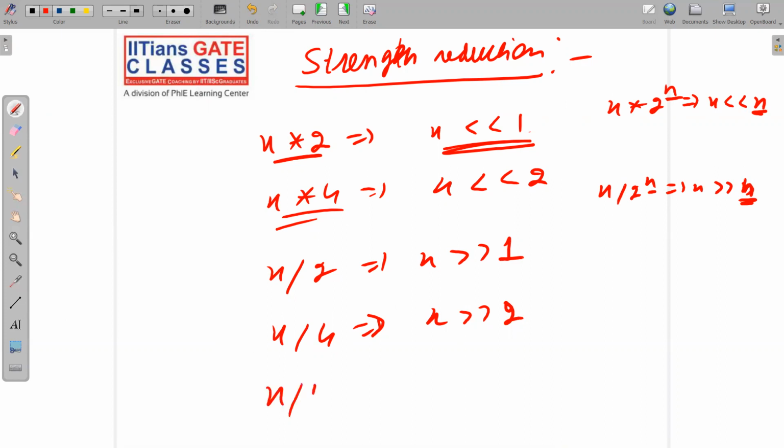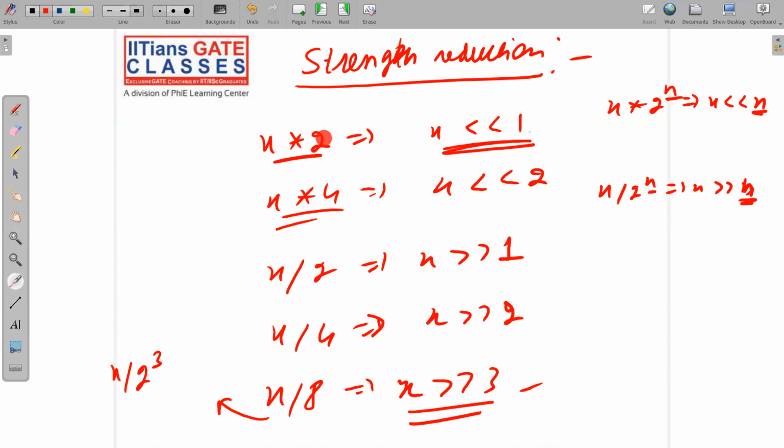Similarly, x by 8 is nothing but x by 2 power 3, so we will do 3 right shifts. That's it. So strength reduction, what will be the basic advantage here? For multiplication, the multiplier circuit of the ALU will be activated. Here there is no need of the ALU. We are just shifting the bits.